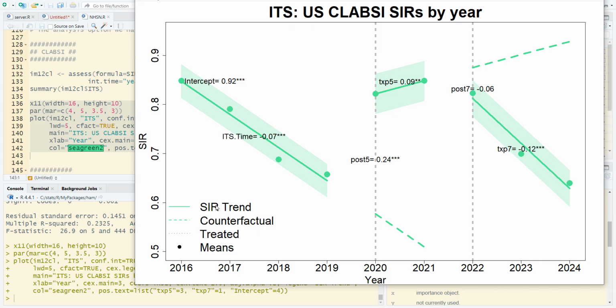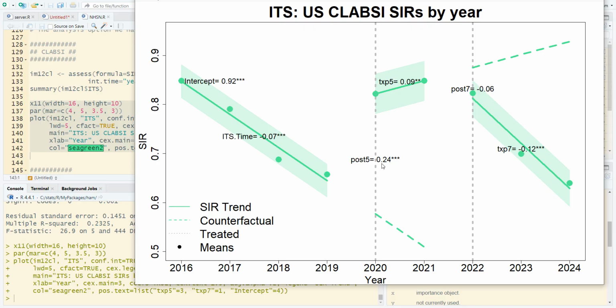In our legend, we have the SIR trend in the solid green lines. We have our counterfactual in the dashed green lines. We can see what could have been if there wasn't a change in 2020. And we can see a big change in the level or the intercept.